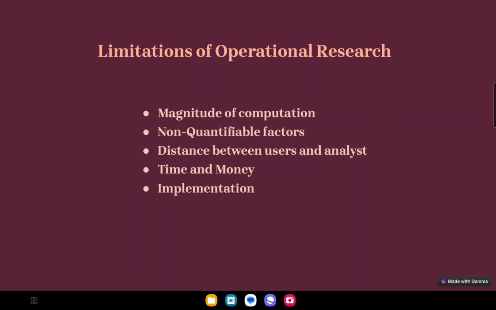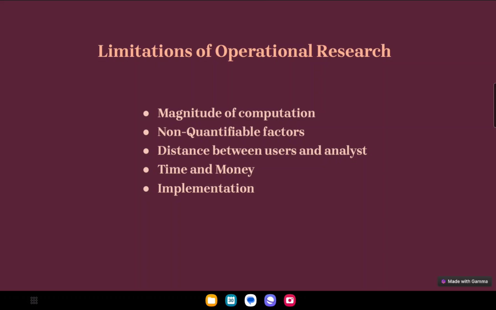Now let's discuss some of the limitations of operational research. While operational research is powerful, it has limitations. Starting with the magnitude of computation.